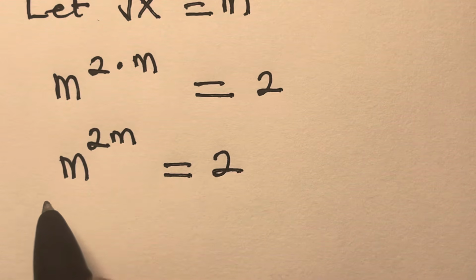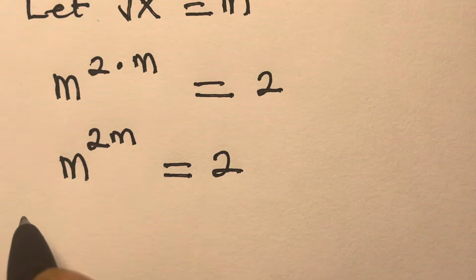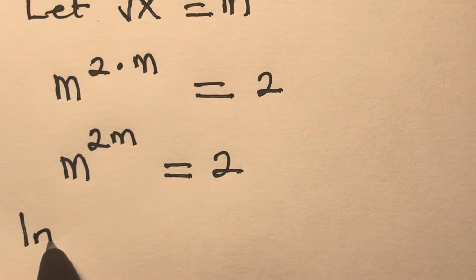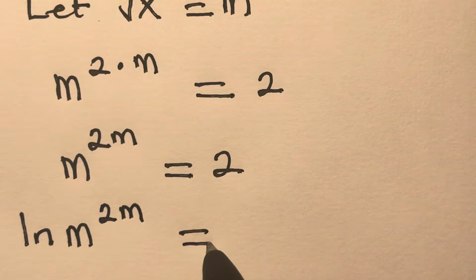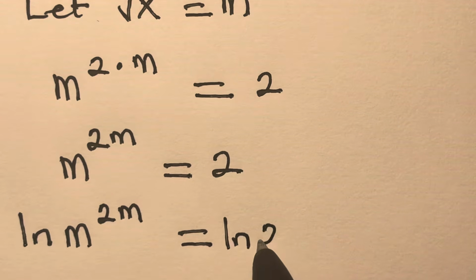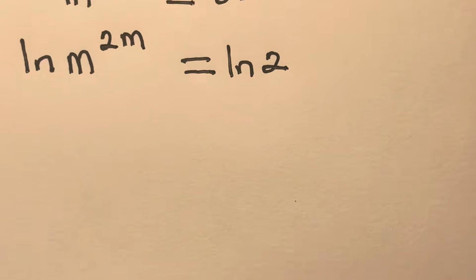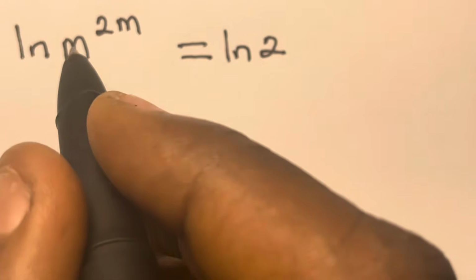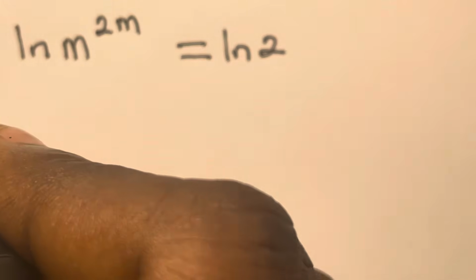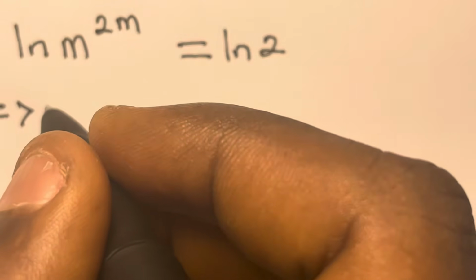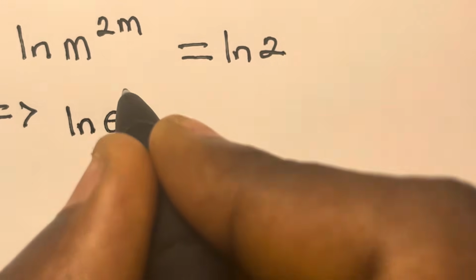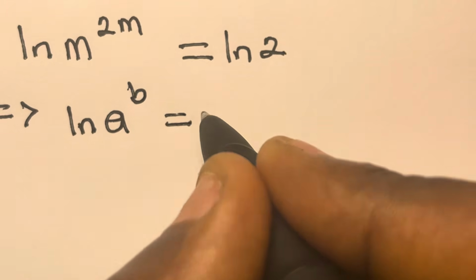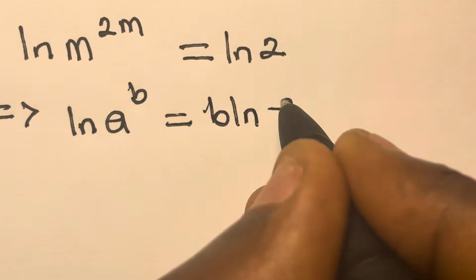So from here we introduce ln to both sides. So we have ln of m raised to the power 2m equals ln 2. So let's remember that from this law, if you have ln of a raised to the power b, this will equal b ln a, right?